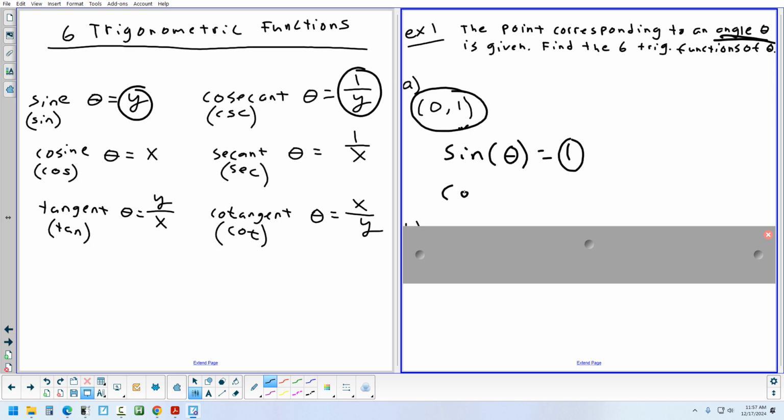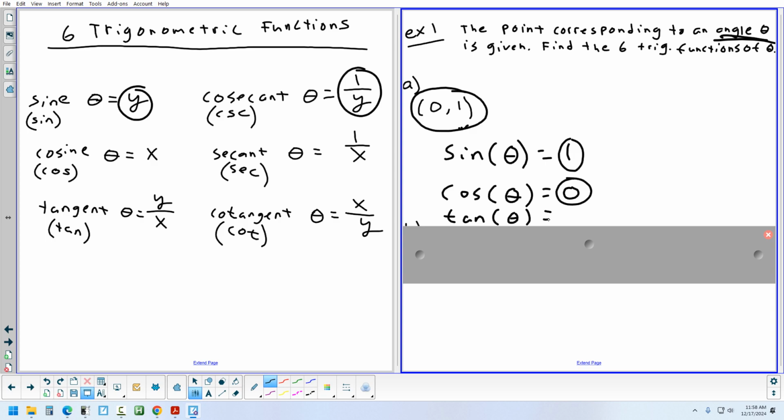Let's find the cosine of that angle. What's the definition for cosine? X. What's the x value in the location they gave me? 0. So cosine is 0. Tangent. What's the definition of tangent? Y over x.